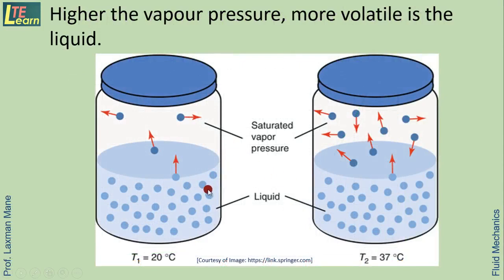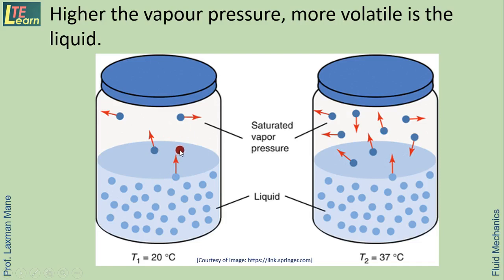Now in this image we see two closed vessels which are at different temperatures. On the left side is the low temperature and the right side is a high temperature. Here these are the molecules which are escaping from the liquid interface.